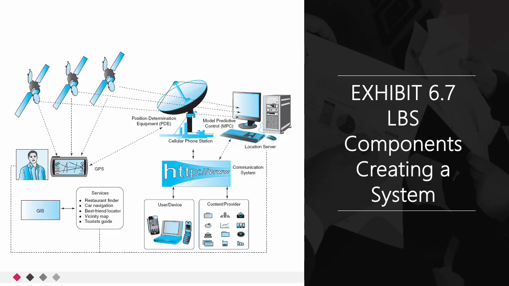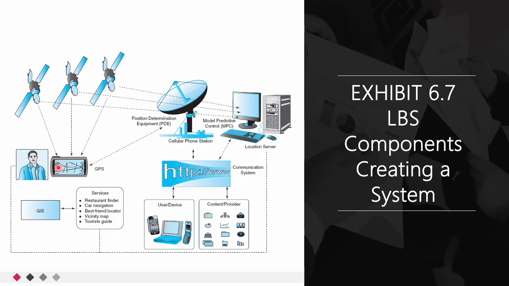This system is called LBS, the location-based service, and it's powered by several key components. First, the satellites. The satellites send signals to your phone's GPS to figure out where you are.